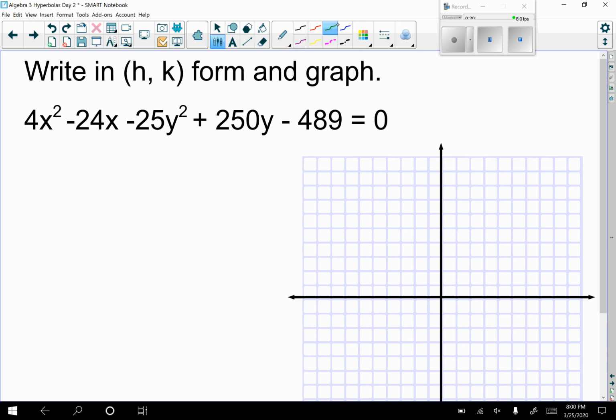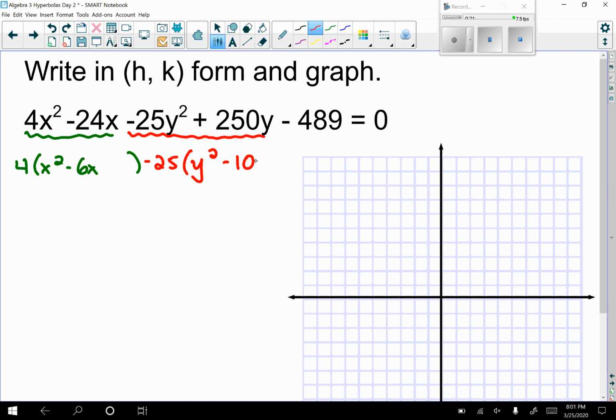All right, so hopefully if you look here, we're going to factor out a 4 only, and then we're going to be left with an x squared minus 6x, and then I'm going to add something at the very end. Next, careful here, because now we need to factor out a negative 25. So we're going to be left with a y squared and actually a minus 10y, because negative 25 times negative 10 will give us that negative 250.